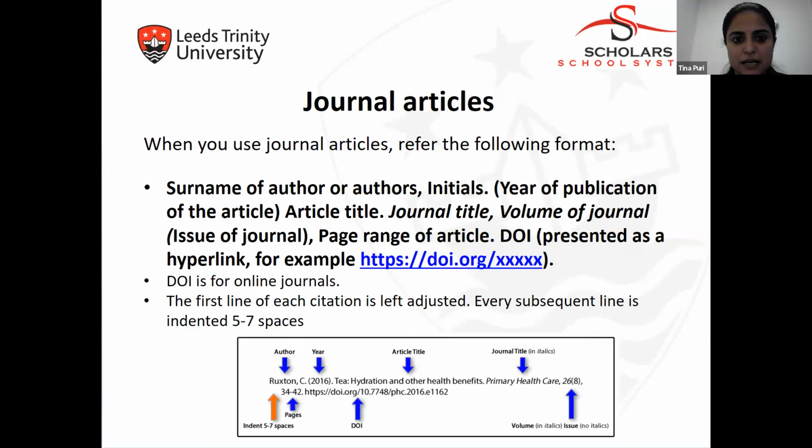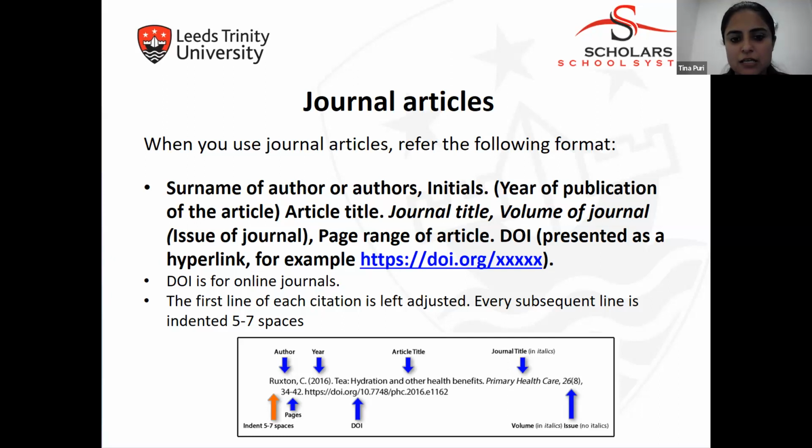First will be the surname of the author or authors, initials of the first name, then year of publication of the article, article title, volume of journal, issue of journal, page range of article, and DOI presented as a hyperlink. DOI is for online journals.